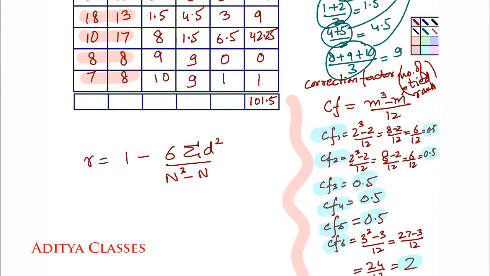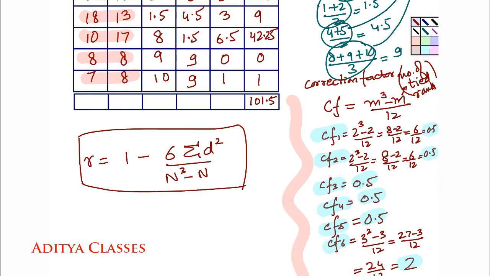Now, as we know, the formula for rank correlation is this. But instead of using this formula, I'll make a small change. I'll not call it squares of difference, rather I'll call it corrected squares of difference. This was sigma d square. I'll just go ahead and add CF to it. How much is CF?